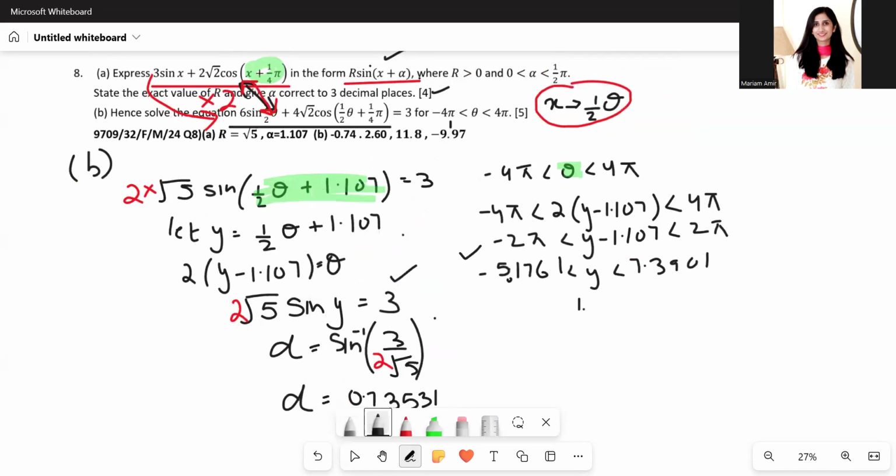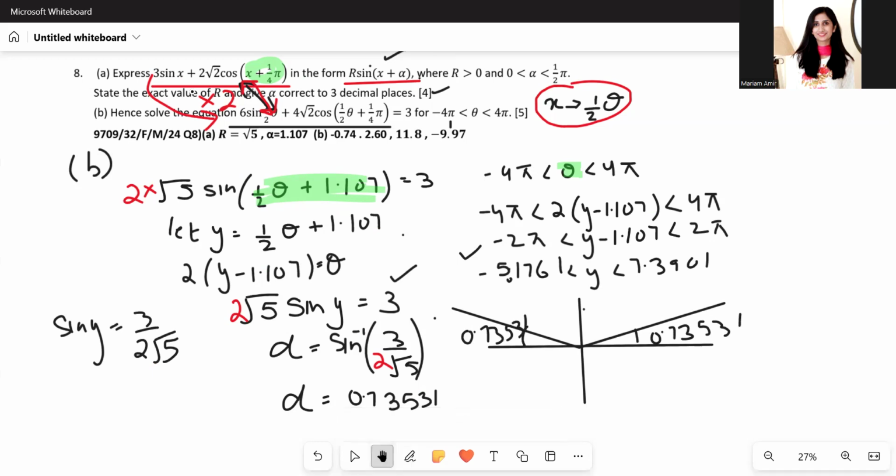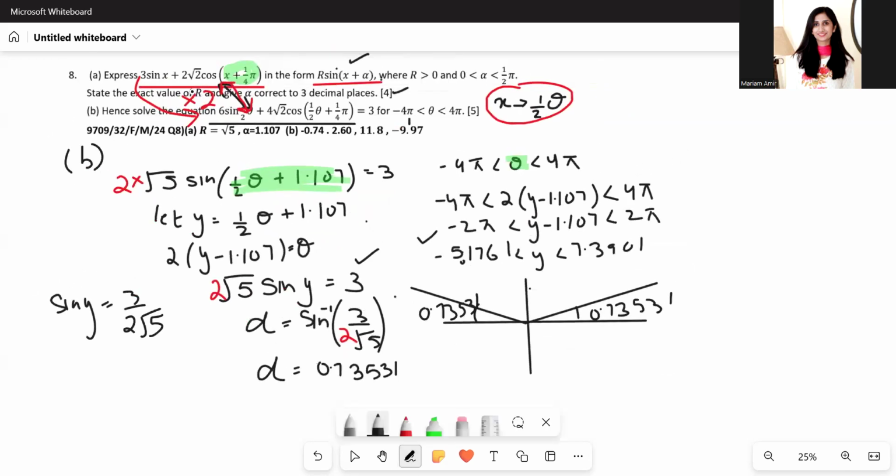Now we will be sketching. This is the value of y, and sine is positive here, right? Sine y is equal to positive 3 upon 2 under root 5. So that is either in the first quadrant or in the second quadrant. So this is 0.73531, and we have 0.73531. Okay, so now we have to find all the solutions within this given domain. So obviously this is not within the domain. So let's try this one, which will be pi minus 0.7353.